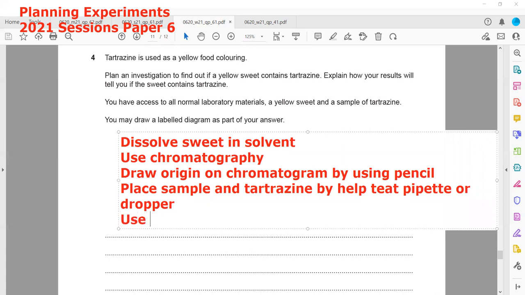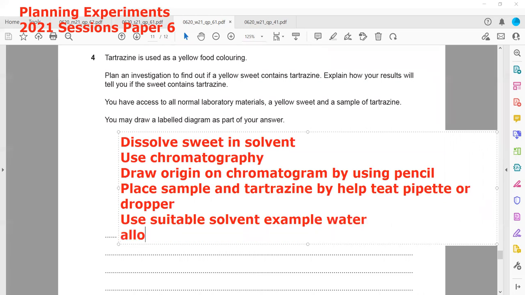Then use a suitable solvent, for example, we use water here. Then allow the solvent to rise to the top.